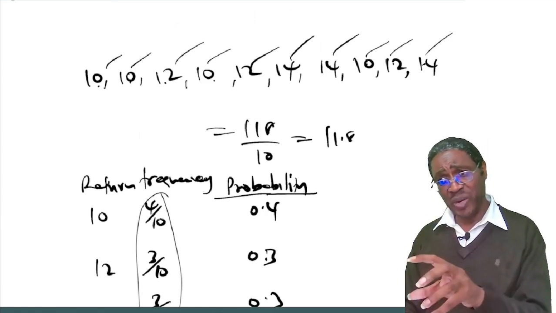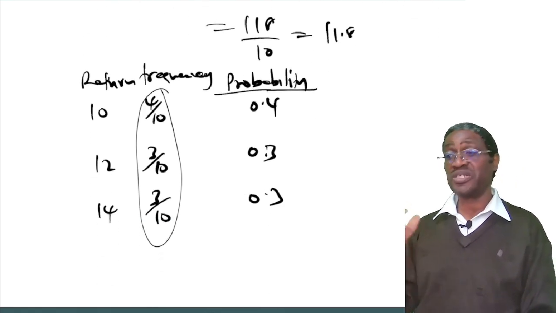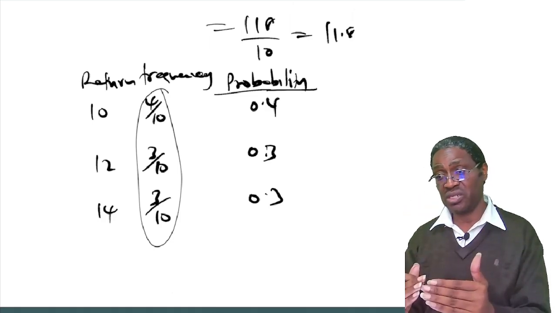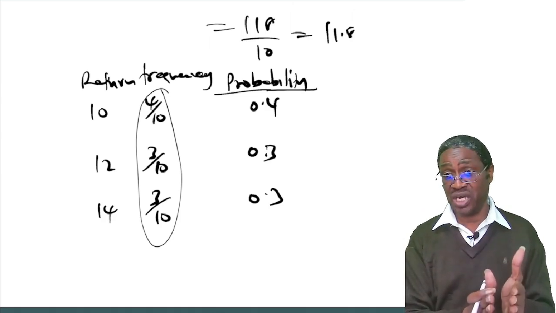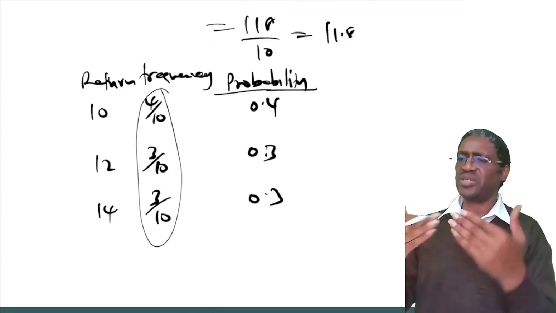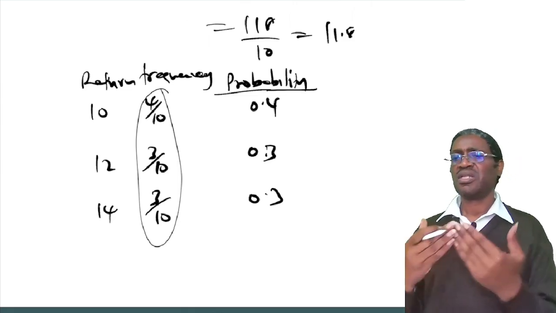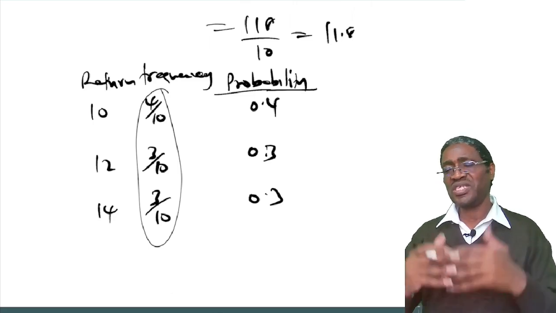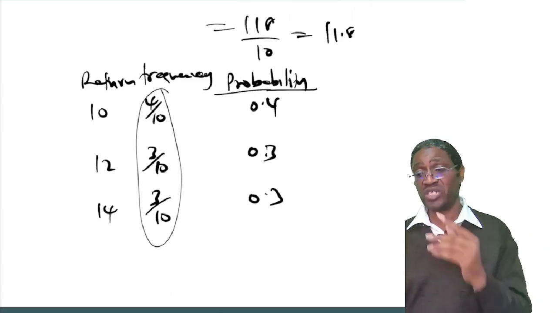Then I explained that the frequencies also represent the probability. 4 out of 10 times is a 40% chance that I might get a 10% return. 3 out of 10 means there's a 30% chance that I might get a return of 12%. The 14% return occurred 3 times out of 10, so there's another 30% chance that I might get a return of 14%. Good.